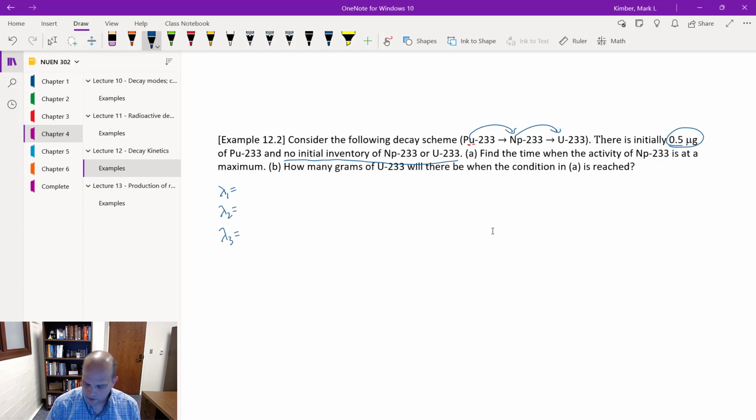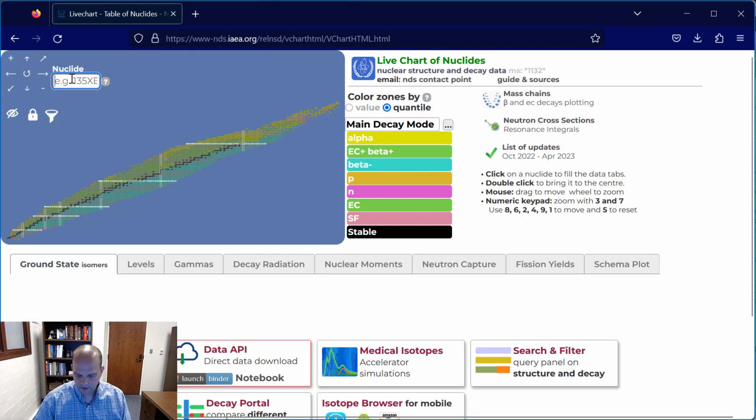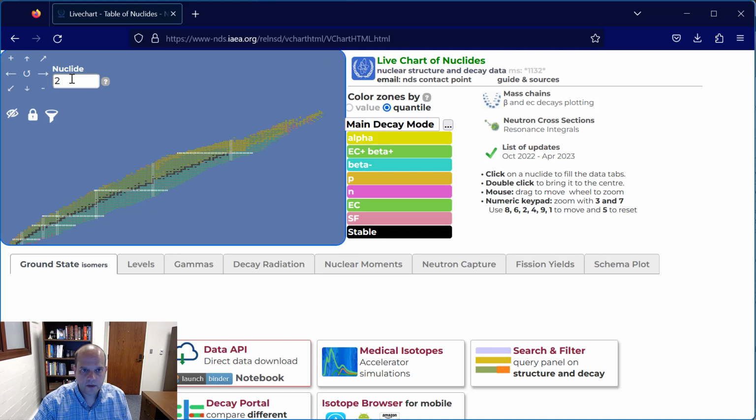And technically, uranium-233 is not going to be stable either, but if its half-life is many orders of magnitude larger, then I can call it quote-unquote stable. So let's go look at these isotopes. We'll start with plutonium-233.